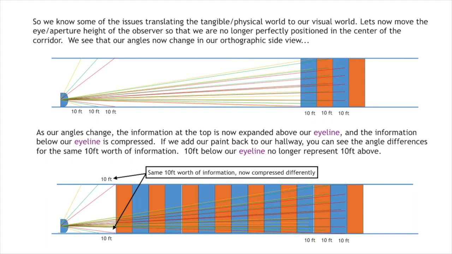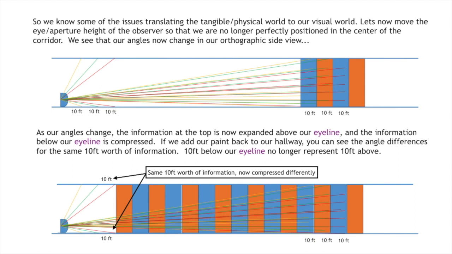So we now know some of the issues translating the tangible physical world to our visual world. Let's now move the eye or aperture height of the observer so that we are no longer perfectly positioned in the center of the corridor. We see that our angles now change in our orthographic side-on view. The angles down towards the floor have gotten smaller, and the angles up towards the ceiling have gotten bigger.